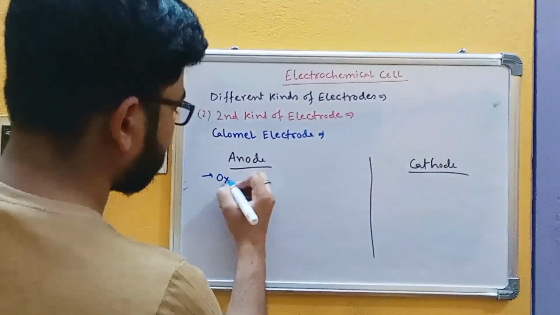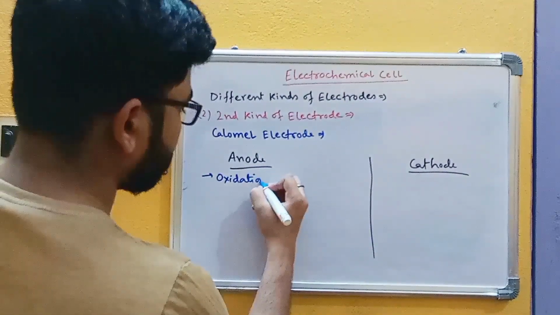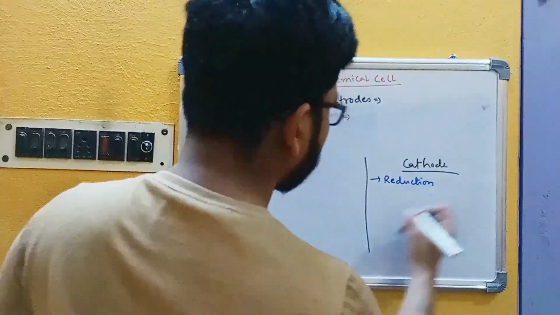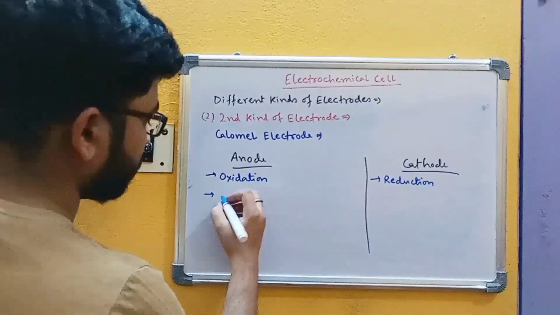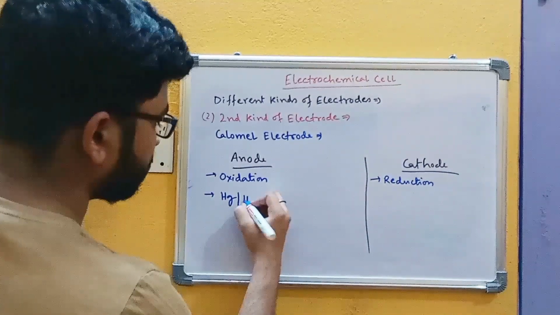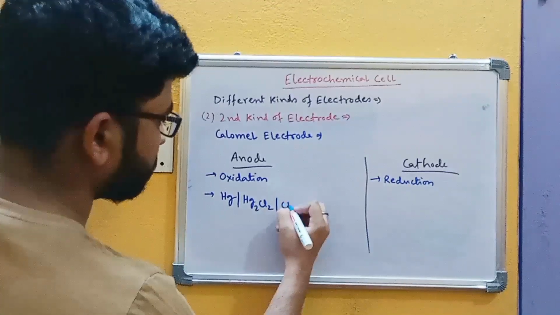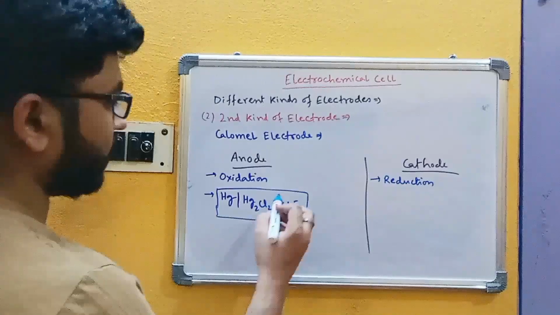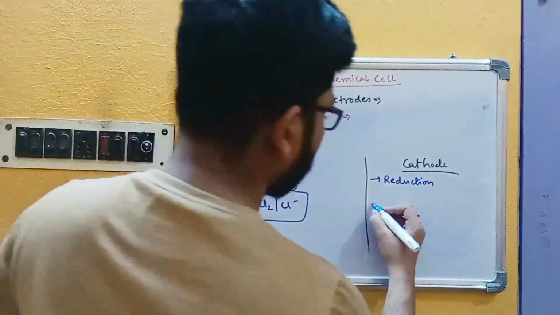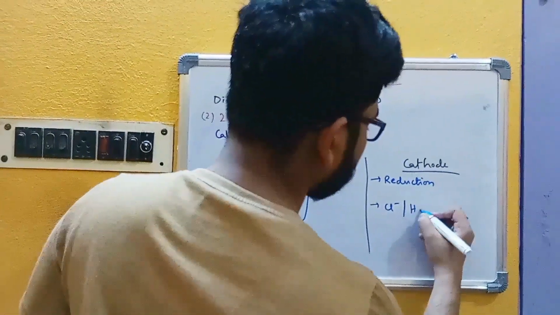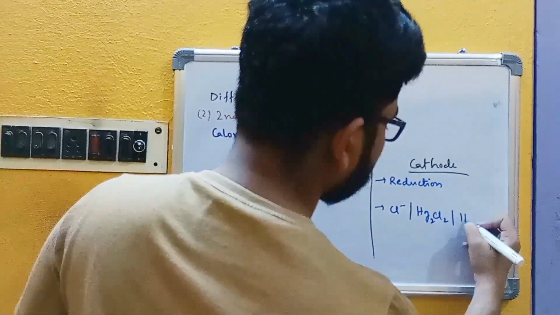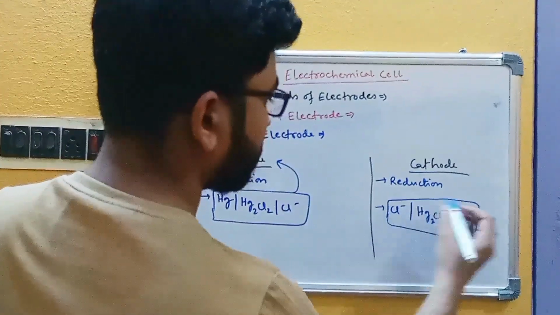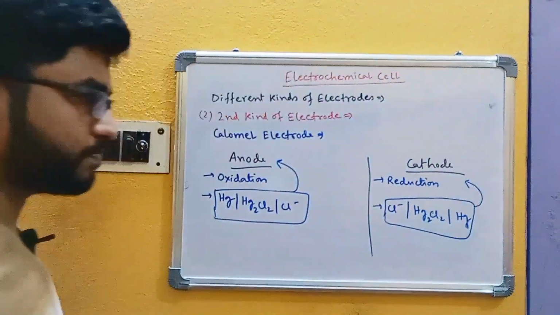So here oxidation takes place and here reduction takes place. So if you write Ag, Ag2Cl2, Cl minus, then it will correspond to the oxidation reaction and it will act as anode. And if we write Cl minus, Ag2Cl2, Ag, then it will correspond to the reduction reaction and it will act as cathode.